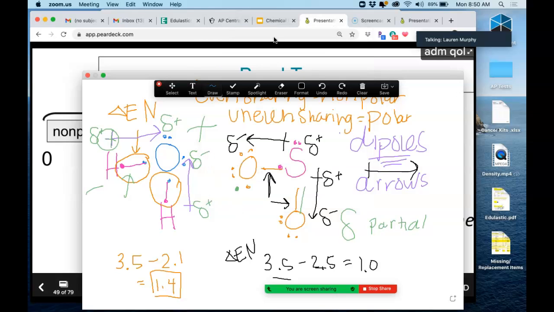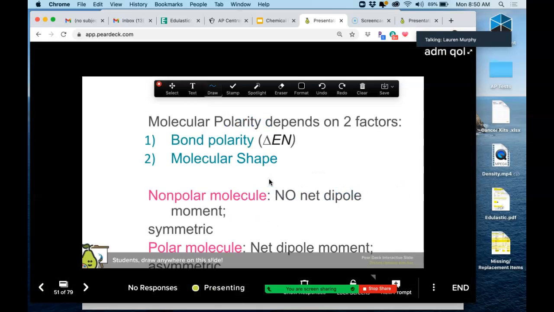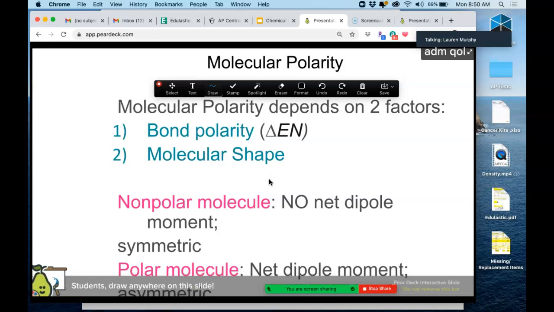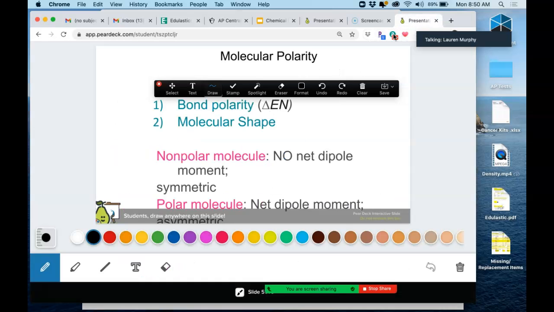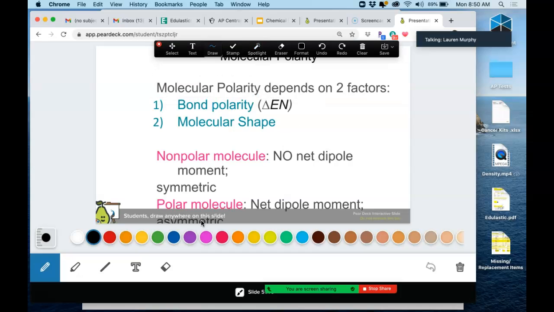All right, so we're going to move on because I'm going to skip this. We have to do now what kids tend to find a little bit harder, and that's called molecular polarity. Okay, so right now what we just did is we discussed bond polarity, meaning we looked at two atoms, and in our last example, we were looking at sulfur and oxygen.